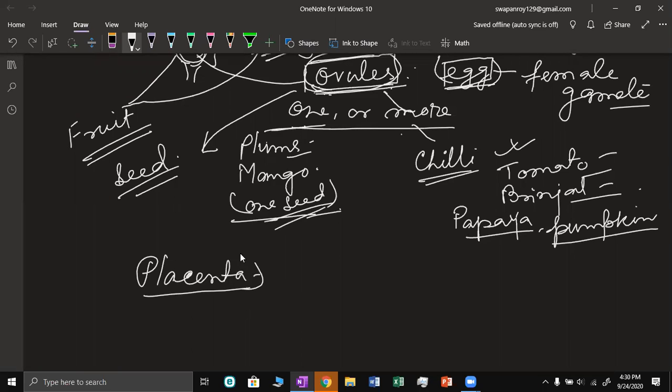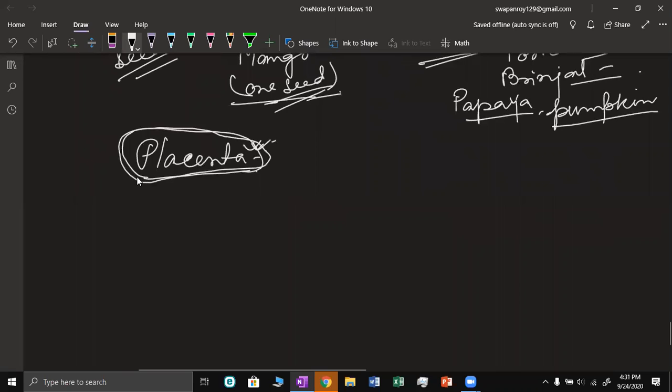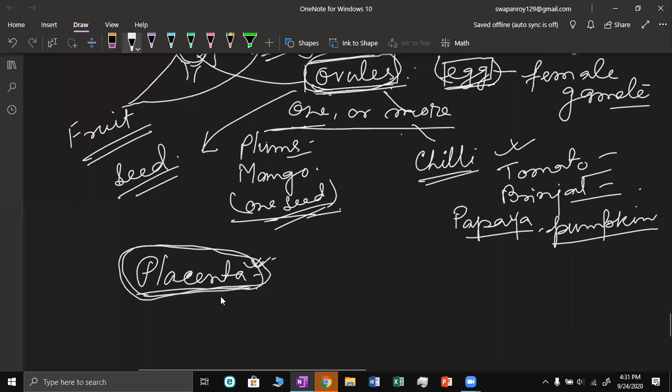The placenta is present on the ovary wall sometimes, or there is a central axis. The placental tissue grows, and the ovules are attached to the placenta. So the distribution of the placental tissue, or of the ovules within the ovary, is known as placentation.